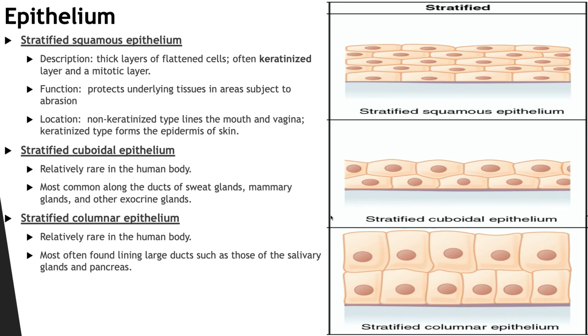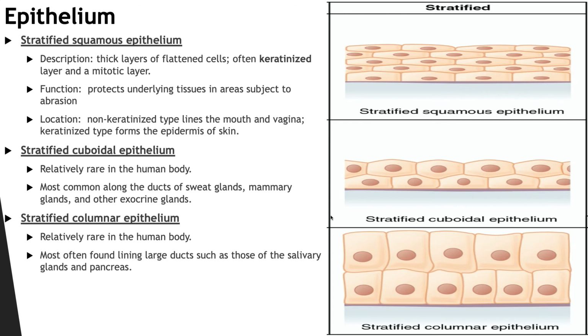All right, now we're getting into the stratified epithelium, which simply means layered. So if you have strata, it just means layered. Essentially they perform the same functions here, other than there are a multitude of layers. So stratified squamous epithelium is going to be that thick layer of flattened cells. The difference here is that some of these are keratinized and some are not.